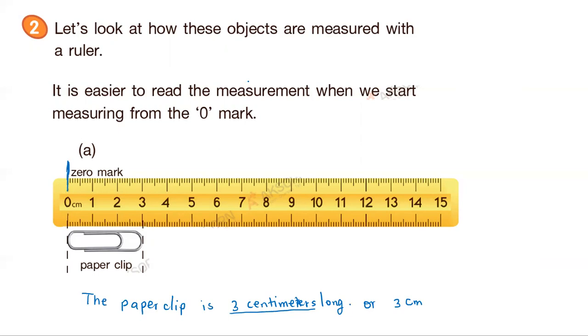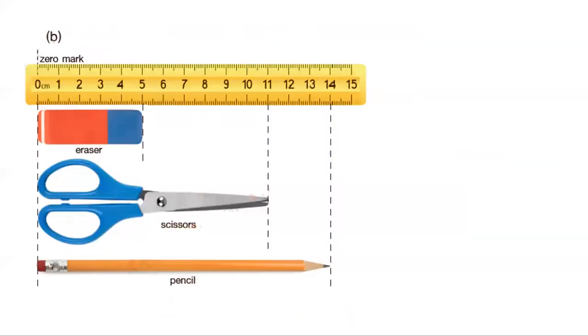Cm stands for centimeter. So when we say centimeter, it is the same as cm. I hope you get that right. And another important point, don't forget to start measuring from the 0 mark.